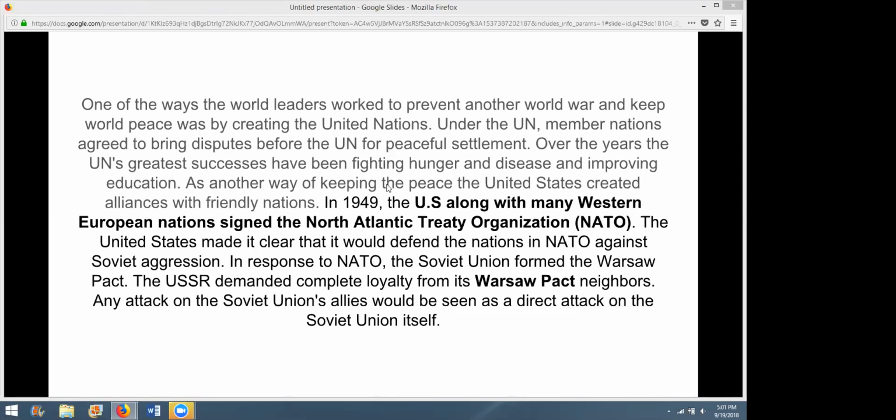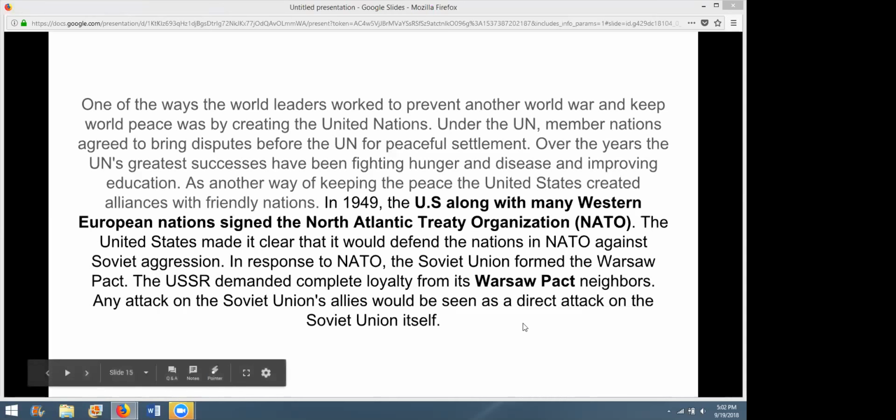In order to better themselves, the U.S. said, hey, let's join NATO. Let's get some friends to join us, so just in case the Soviet Union decides to be a little turd, we can gang up on them. The Soviets, hearing this, remember they don't like the United States or their friends. They said, well, you know what?